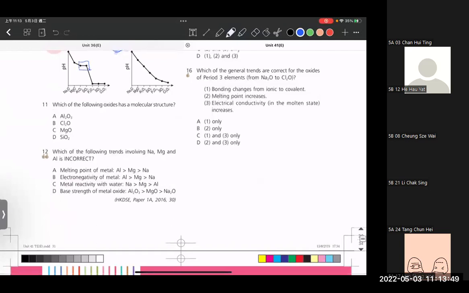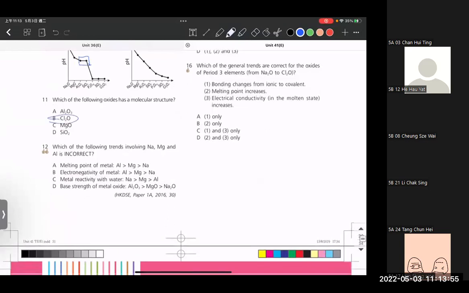11. The answer is B. No need to mention too much about that. Molecular structure can be found in non-metal oxide. Question 12, choose the one which is incorrect. So the metal reactivity with water must be correct, but this one is most reactive because it has just got one outermost shell electron.